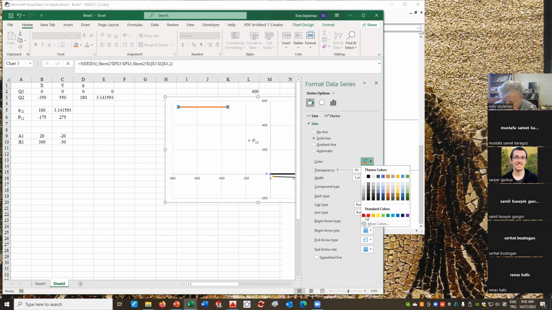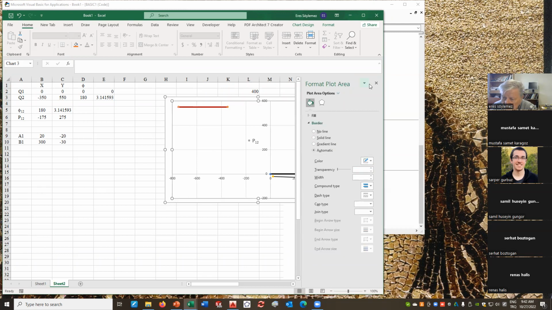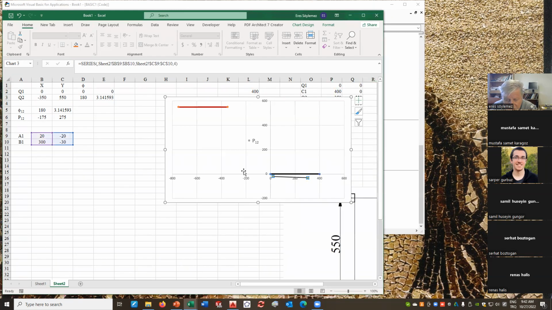That color, I'll make it red. To show that the two are the same positions, on the same rigid body, in the first position, in the second position.